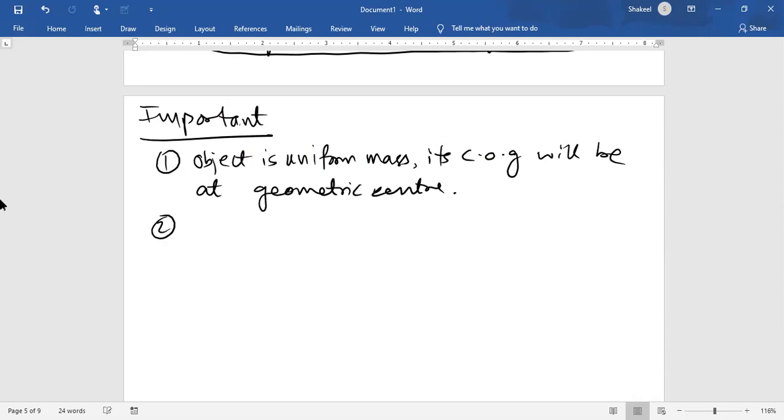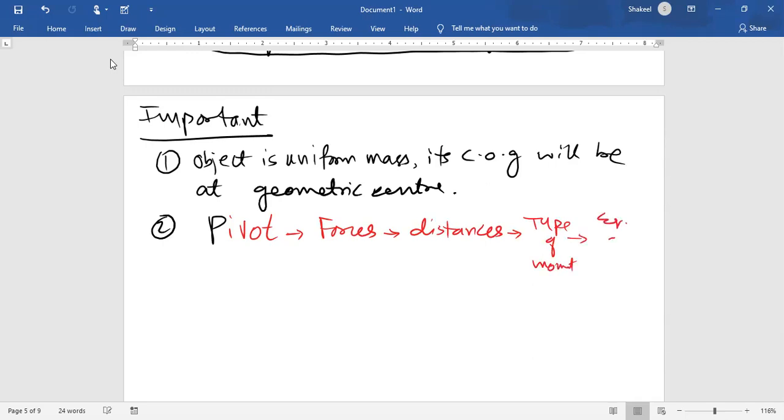Number two, while applying the equation, you have to look for the pivot, then the forces, then their distances from the pivot, then their type of moment, and then the equation of moment.